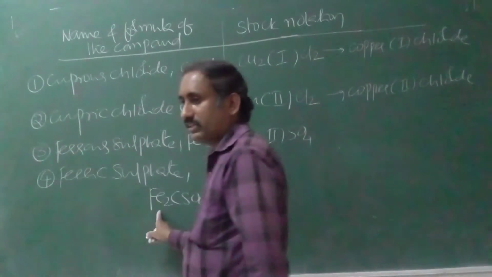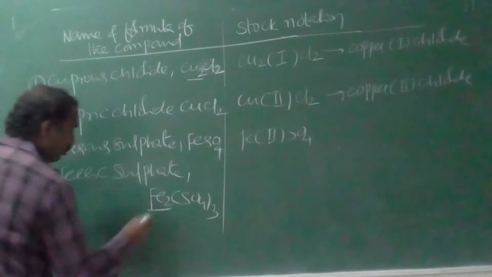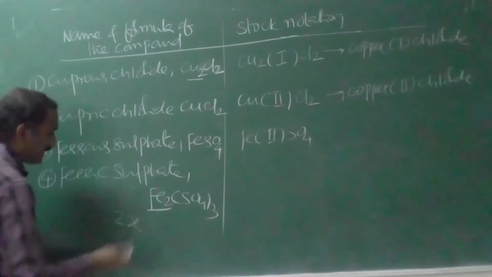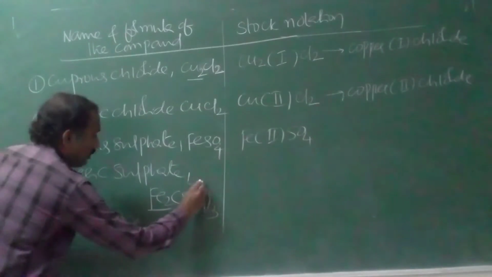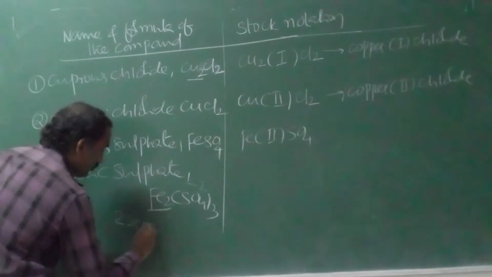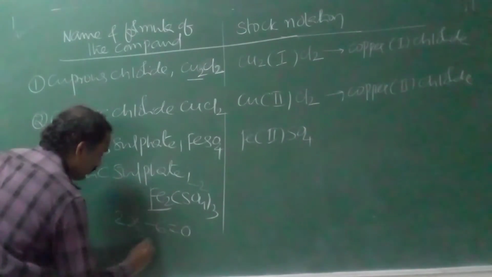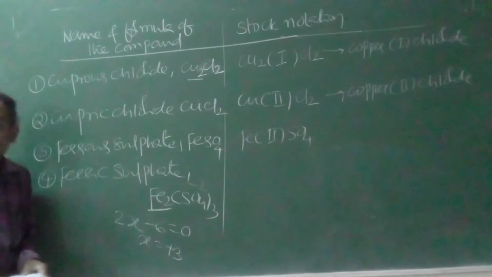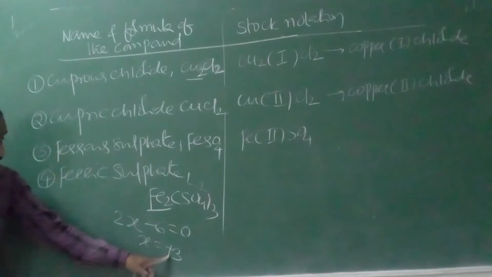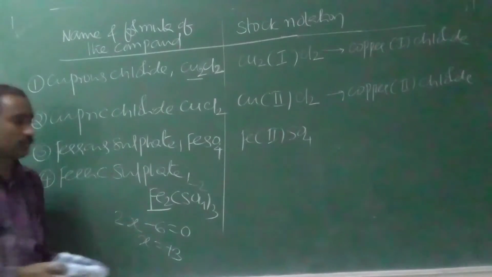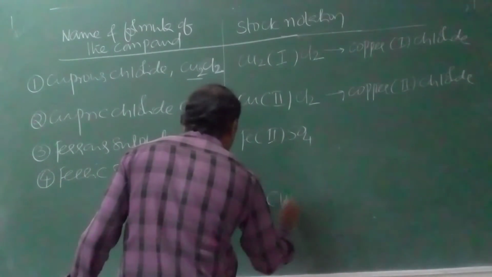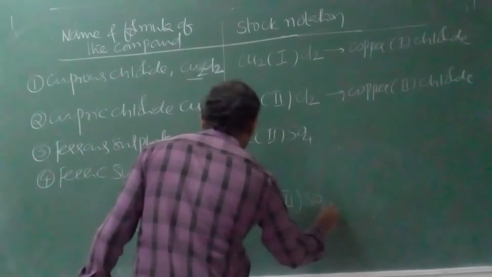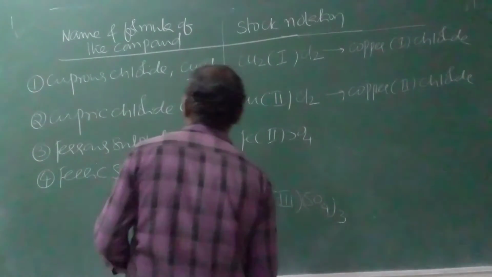Iron oxidation state we can calculate. Iron we don't know, x, 2 irons are there, 2x. Sulfate is fixed at -2, and 3 sulfates are there, -2 into 3 is -6, equal to 0. Therefore x equals +3. But in Stock notation, don't show the Hindu-Arabic number, we have to show a Roman number. Only that is the difference. Fe2(III)(SO4)3.